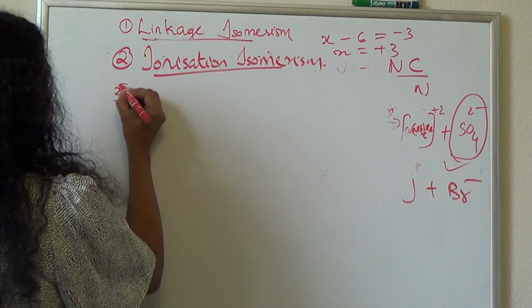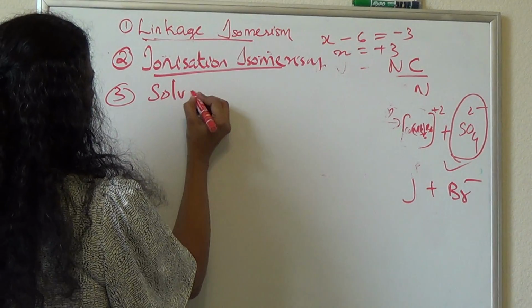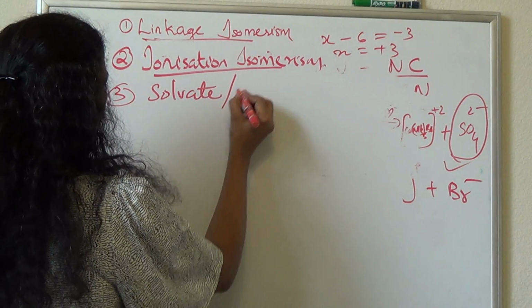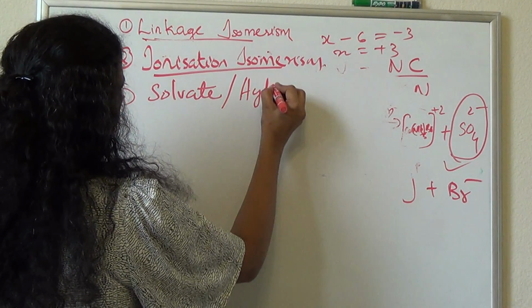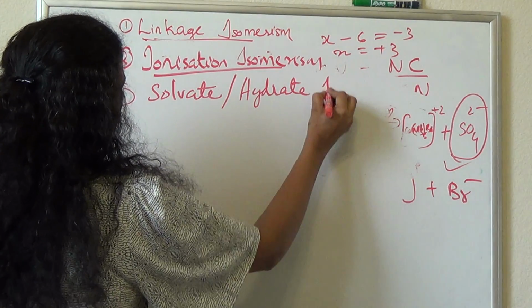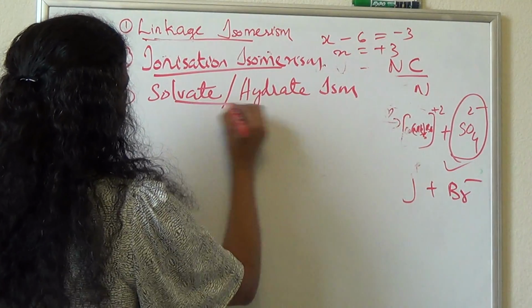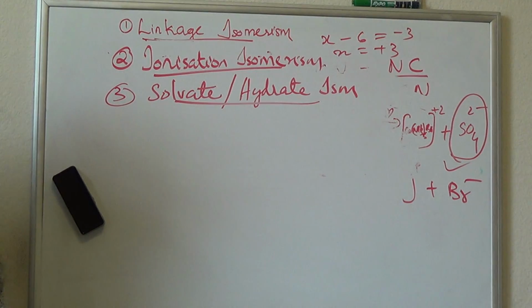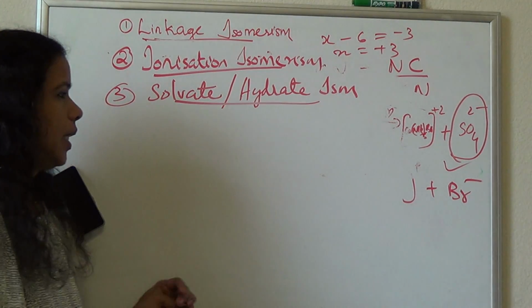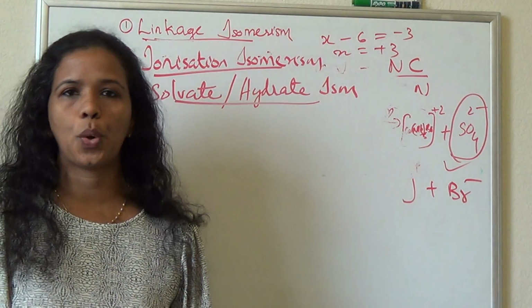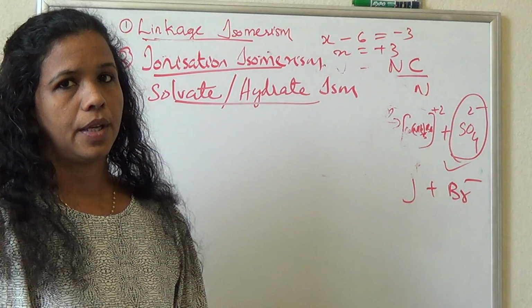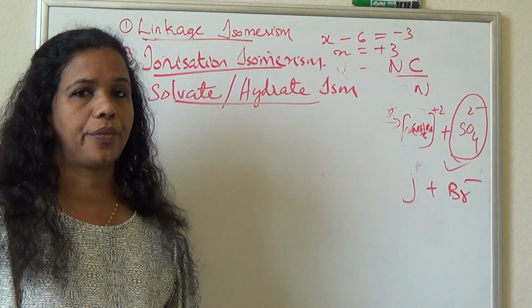And the third one is solvate isomerism, or we can call it solvation, or hydrate or hydration isomerism. It is usually shown by coordination compounds in which water is one of the ligands.